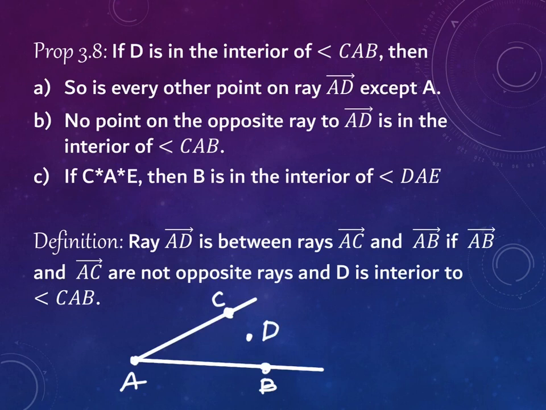So here's angle CAB, and here is ray AD. We would say that ray AD is between rays AC and AB if D is in the interior, which it is, and we actually had an angle to start with, right? AC and AB were not opposite.